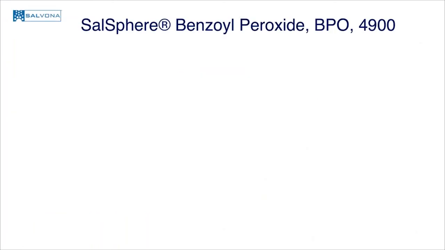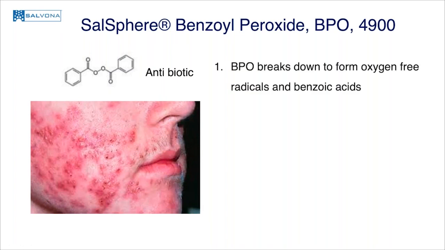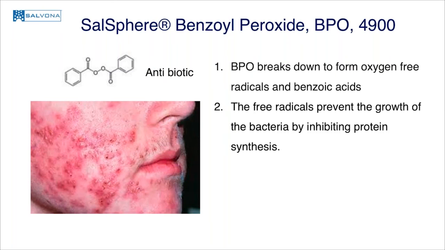The next technology that I would like to introduce is SalSphere benzoyl peroxide. This technology is typically used for a heavier acne solution. The anti-acne active is benzoyl peroxide. On release, BPO breaks down to form oxygen free radicals and benzoic acid.